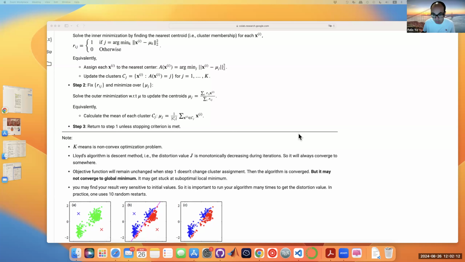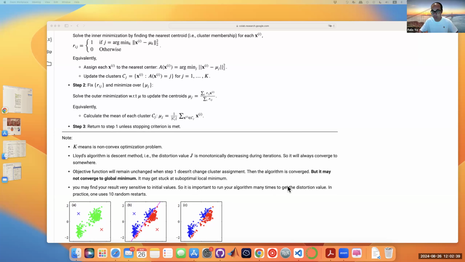So that's why it's important to run your algorithm many times to get different versions of distortion values. In practice, you can use 10 random restarts with 10 different random initial values. This gives you a better chance to get smaller distortion values.